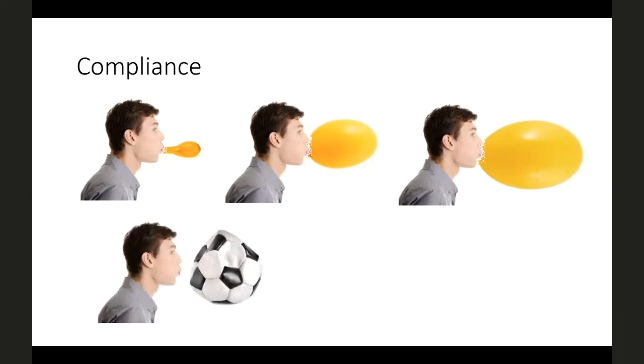Suppose you give the same person a football, which also requires inflation, but with the same amount of energy and work, you cannot inflate it. So what differentiates a balloon from a football is the property of distensibility, or compliance.